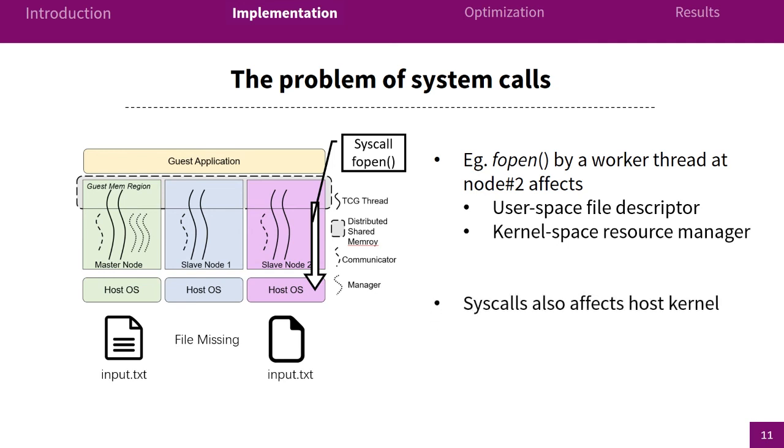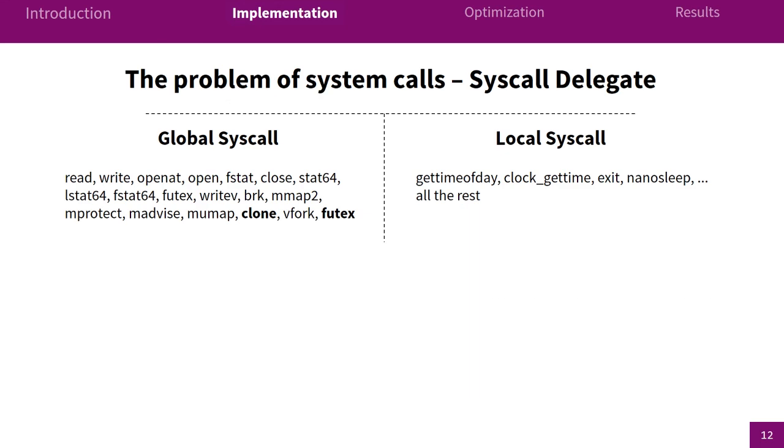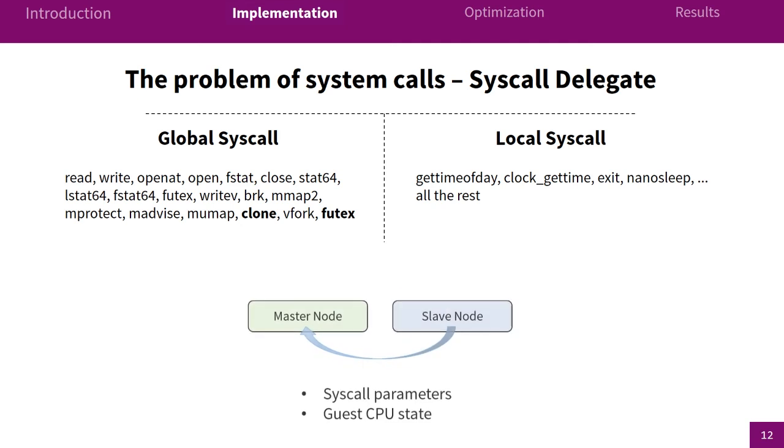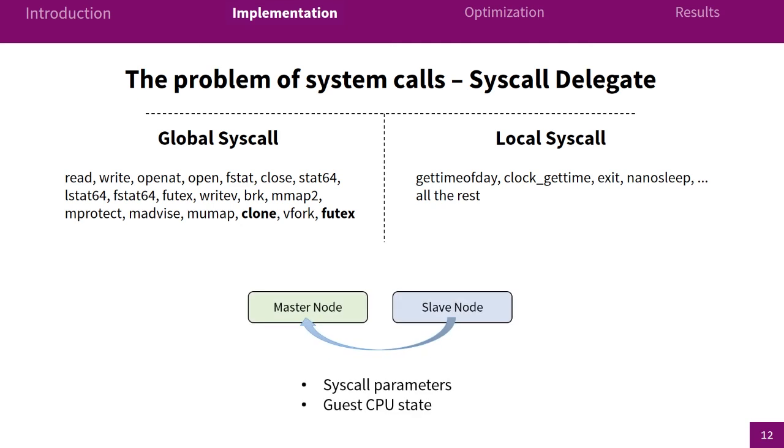To keep the consistency of the host kernel, we divide the system calls into two groups: global system calls and local system calls. A local system call has a negligible effect on the host kernel, while a global system call must be sent to the master node for emulation, in order to keep only one correct host kernel in the master node. We send not only the syscall parameters but also the guest CPU state to help the master node correctly emulate the system call.